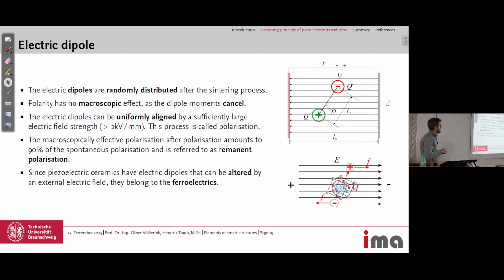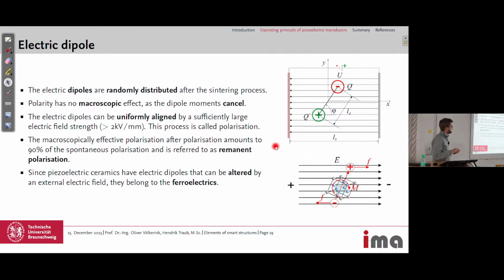But we can align the polarization or the dipoles by a sufficiently large electric field. We need up to 2 kilovolts per millimeter, and with this we can polarize the whole crystal structure.